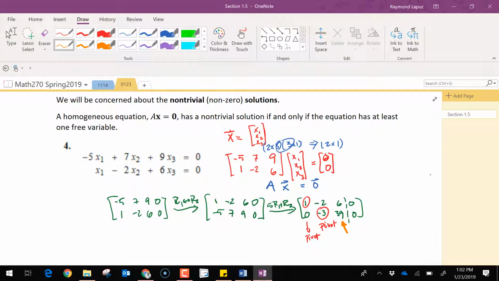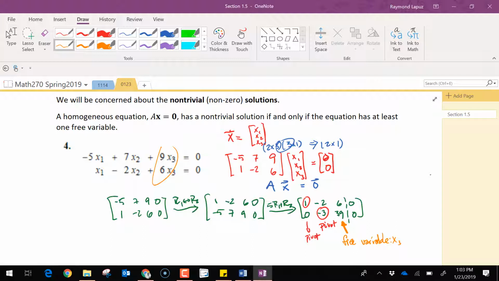And I think I would call this a free variable. So x3, the third column, which corresponds to the third variable, is a free variable. So what does that mean when we have a free variable?